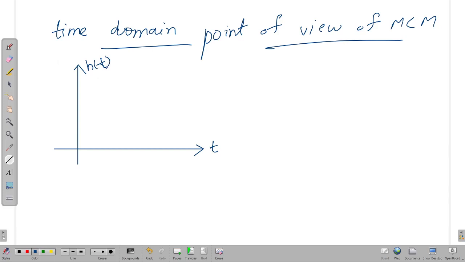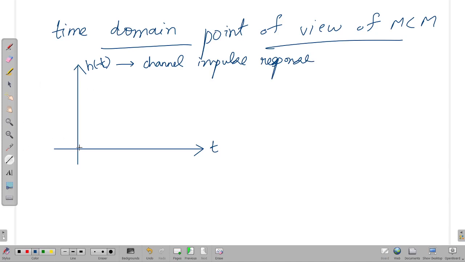The channel impulse response is h of t, which means what is an impulse response? It is the response to an impulse, or the output of a system when there is an impulse input.